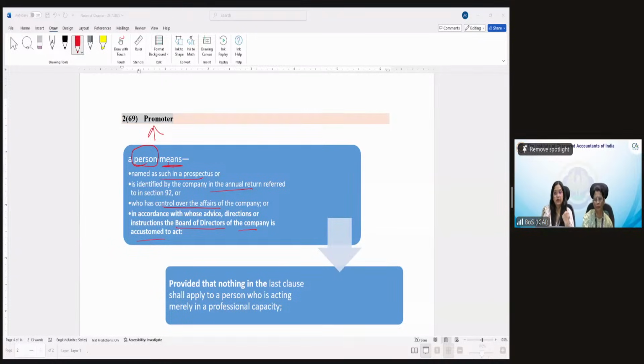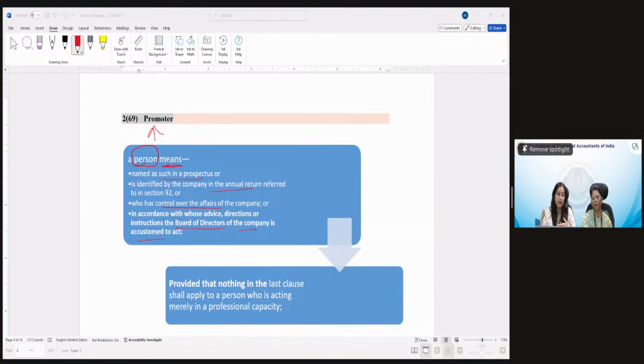A promoter is a person who conceives the idea of forming a company. If I think, okay, ma'am, I want to open a company for modern apparels, will I be called a promoter? No. Then I have to take steps to bring that company into existence.